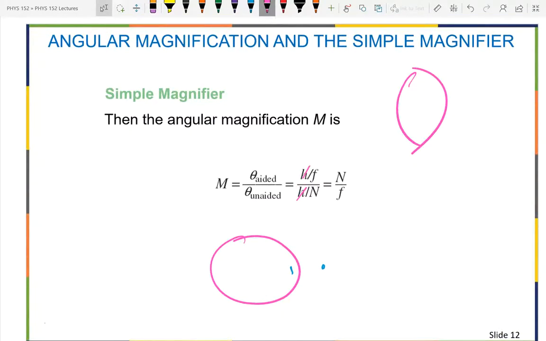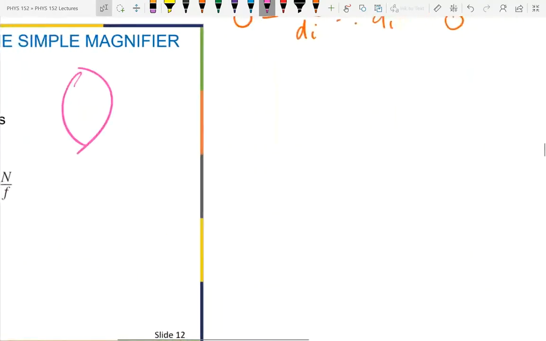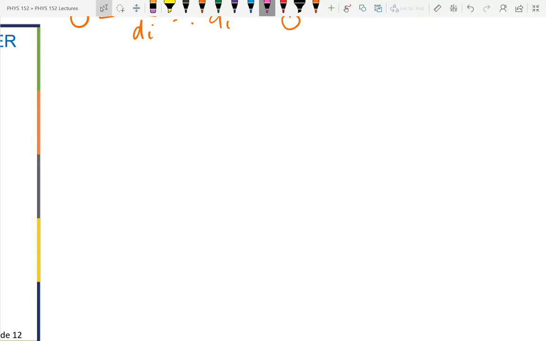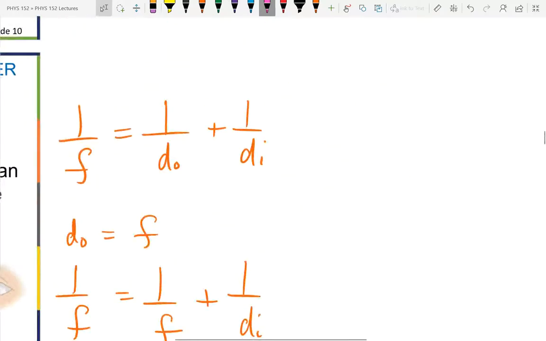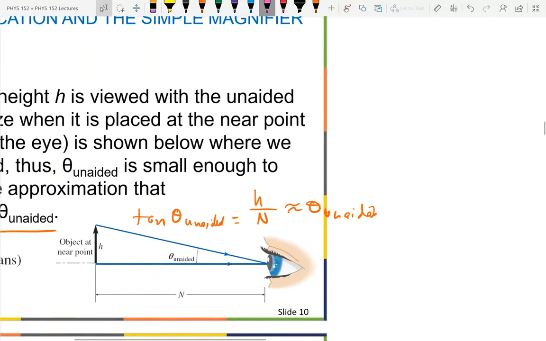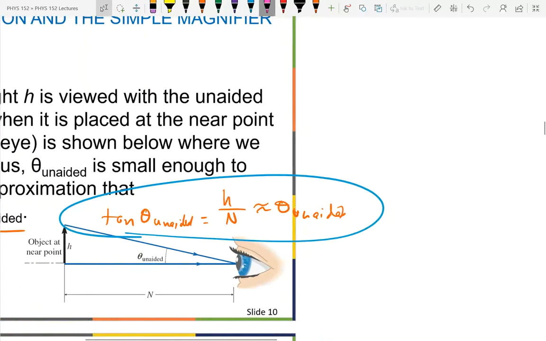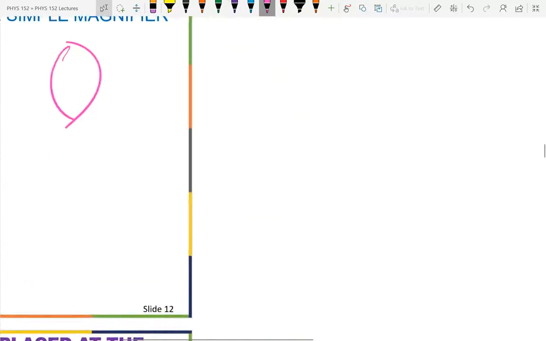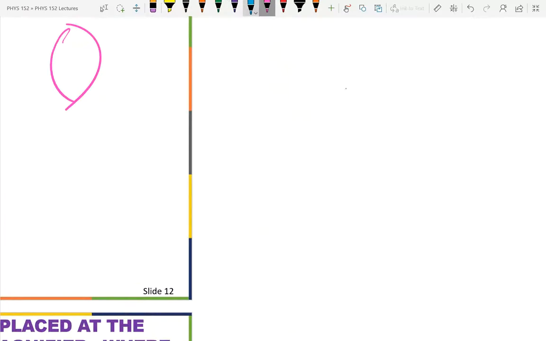I'm going to do that before I go to that question. I may have this worked out in slides after the question, but I want to do it now. So we're going to have the same initial angle here, but now we're going to draw a new picture. There's the height of my object.